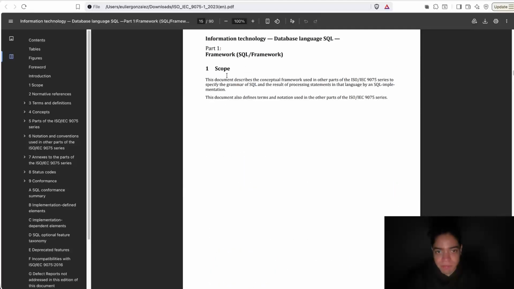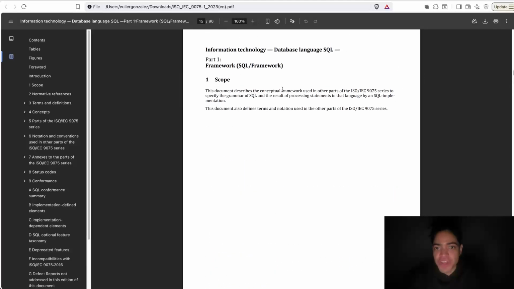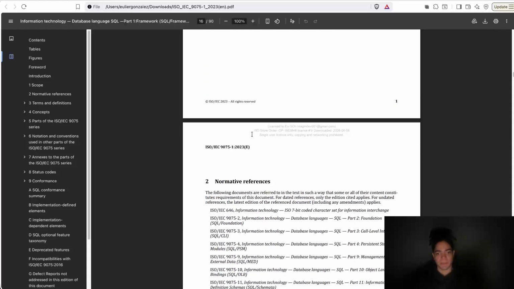This document describes the conceptual framework used in other parts of the series to specify the grammar of SQL and the result of processing statements in that language by an SQL implementation. This document also defines terms and notations used in the other parts of the ISO IEC 1975 series, right?